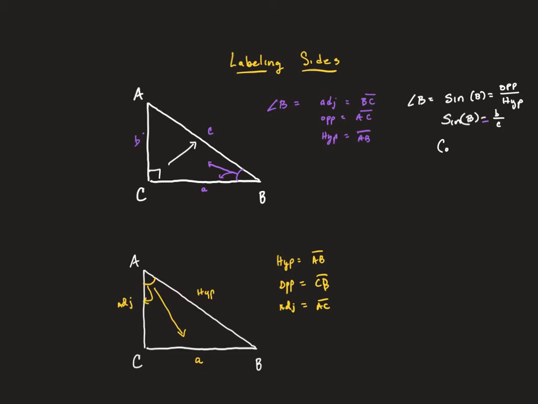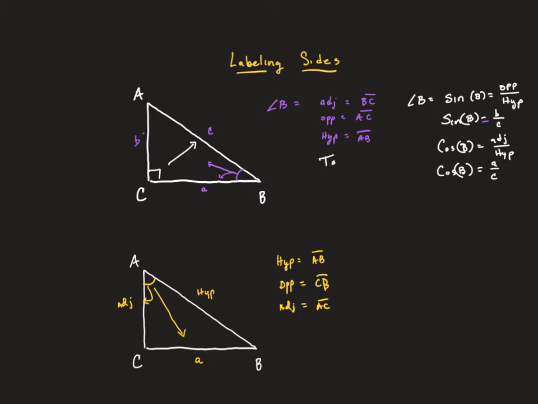The cosine of B is going to be the adjacent over the hypotenuse. So cosine of B is going to be, the adjacent of B is little a, right here, a over the hypotenuse, which we said was c.